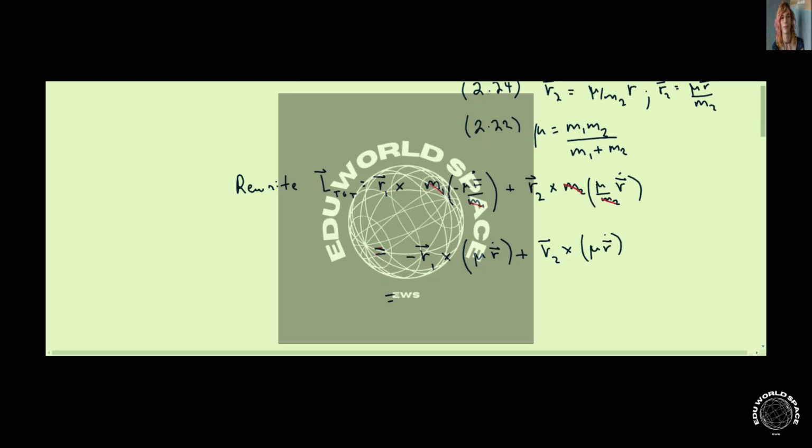And as long as I don't rearrange the order of the cross product, what this basically gives me, if I add up the two front vectors, is R2 minus R1 crossed mu, and we'll call that V.